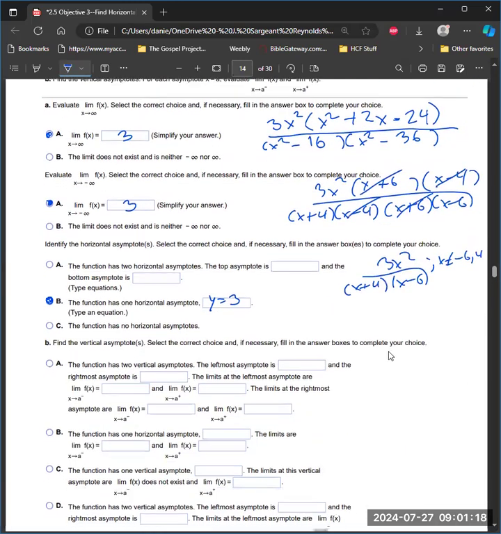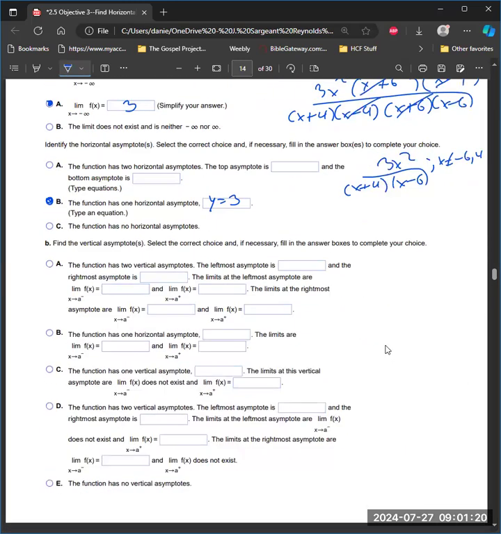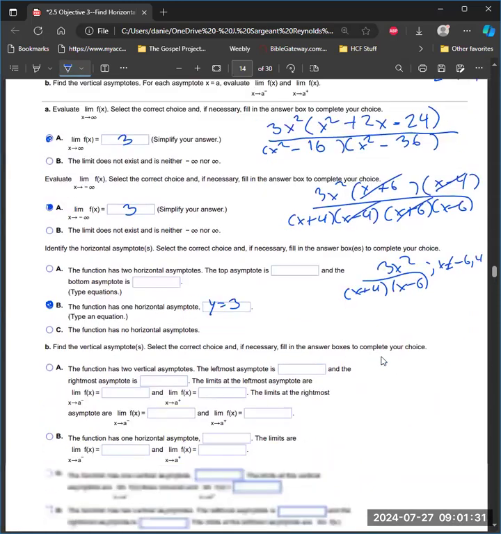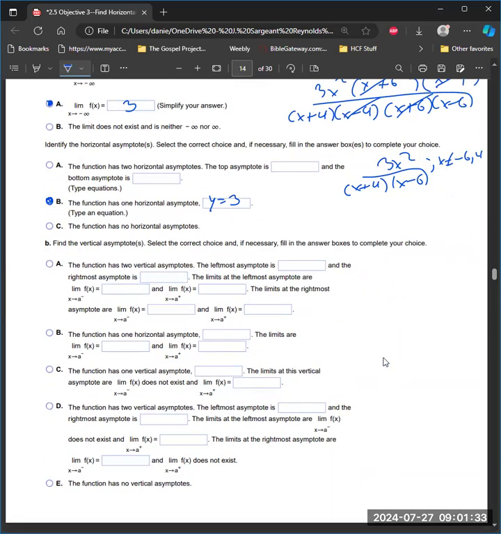So I have 2 vertical asymptotes, at x equals -4 and x equals +6. It's number 12. Leftmost is at x equals -4. The rightmost is at x equals 6.